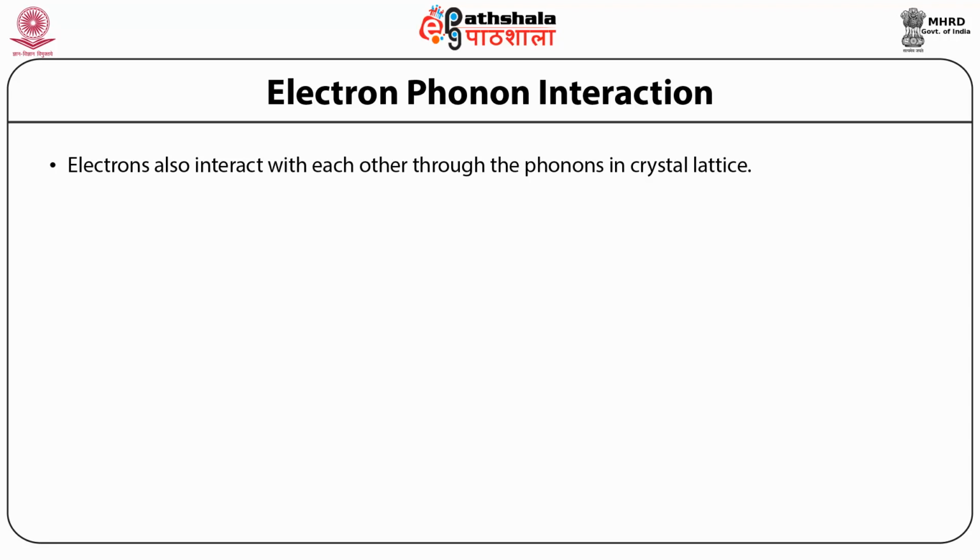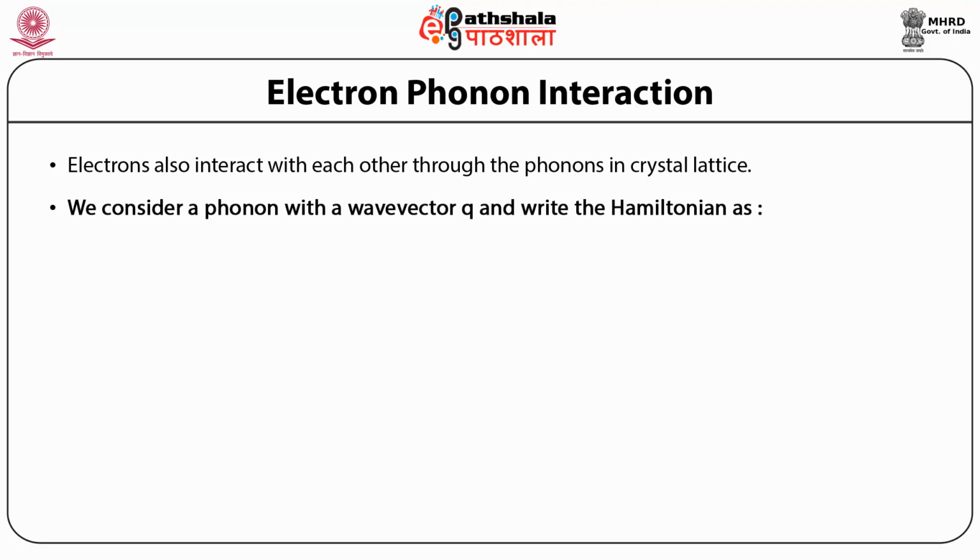So we know that the vibrations of the crystal lattice are called phonons. Now we consider a phonon with a wave vector q and write the Hamiltonian as H is equal to summation over q and lambda of h cross omega q lambda multiplied by a dagger q lambda into a q lambda plus half.